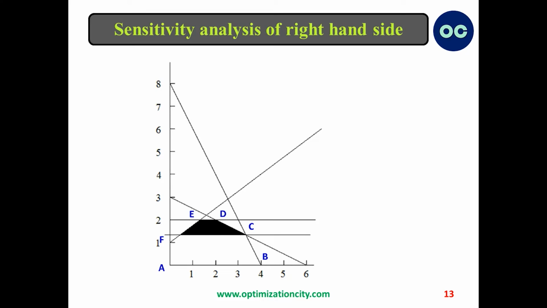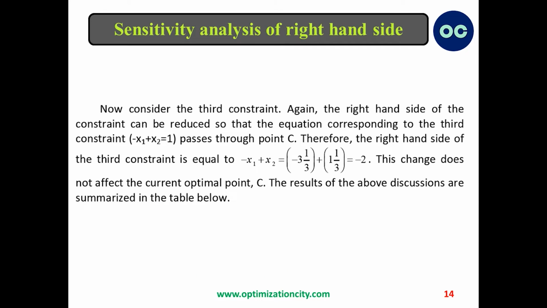Point C corresponds to x1 equal to 3.3 and x2 equal to 1.3. Therefore, the right-hand side number of the constraint can be decreased to a maximum of 1.3 without altering the optimal solution. Now consider the third constraint.